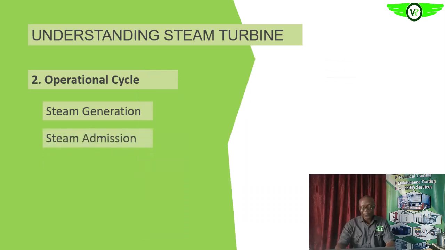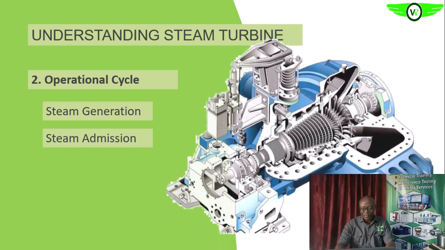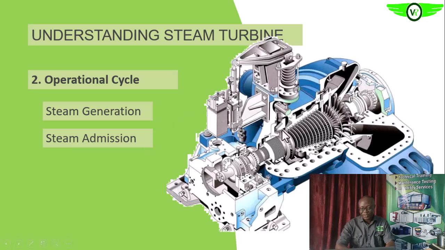So that fast moving, high kinetic energy steam will now be admitted, as we have been explaining, into the steam turbine through the stop valve, the steam chest, and the governor of the steam turbine. Okay, so once it is admitted, it goes through that first stage stationary steam turbine, which is the expansion nozzle, as we explained earlier.